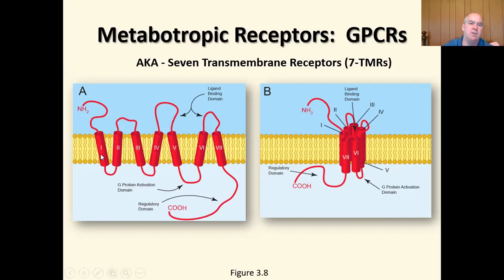So they'll have an awful lot of structural similarity in these transmembrane regions, right? So they're almost identical. But then out here where the ligand binds, they'll be very different. So they'll interact with different ligands. And also the G protein part can be different between different receptors because they'll interact with different G proteins.